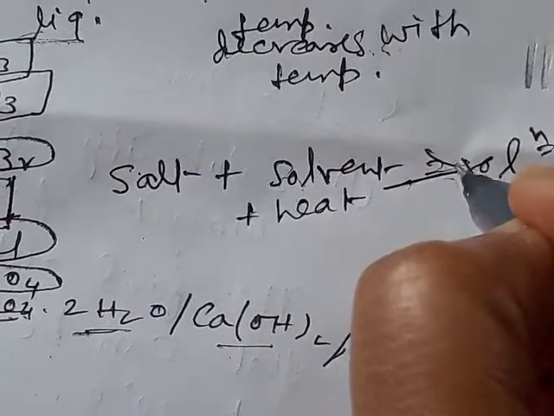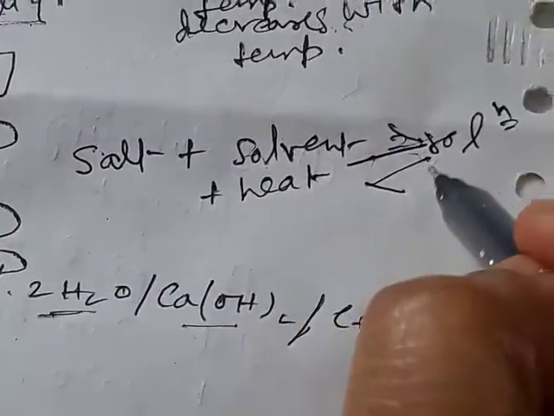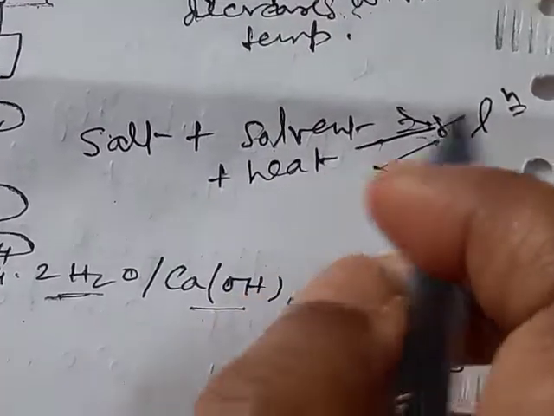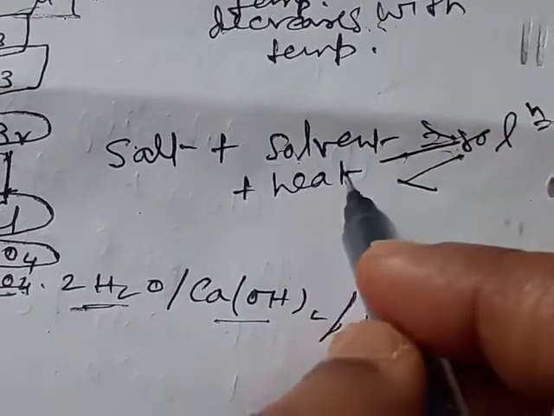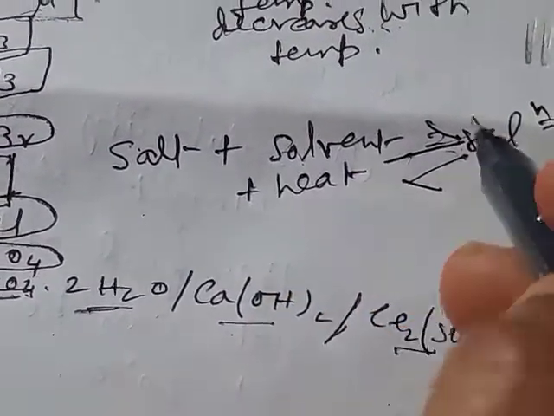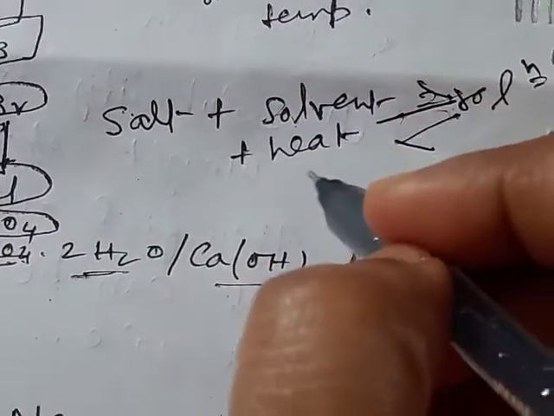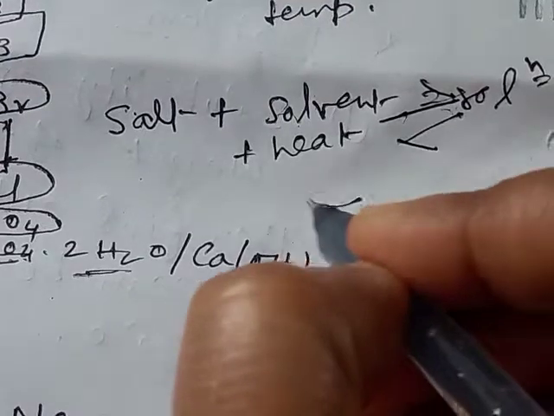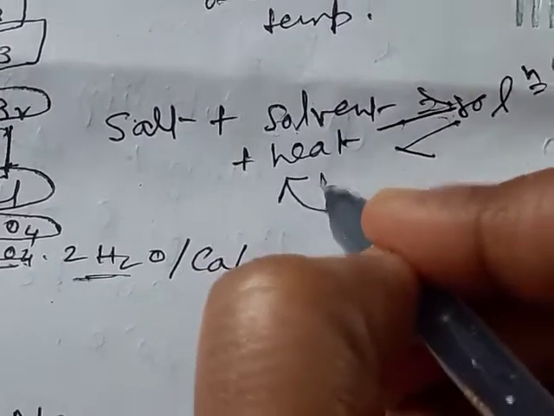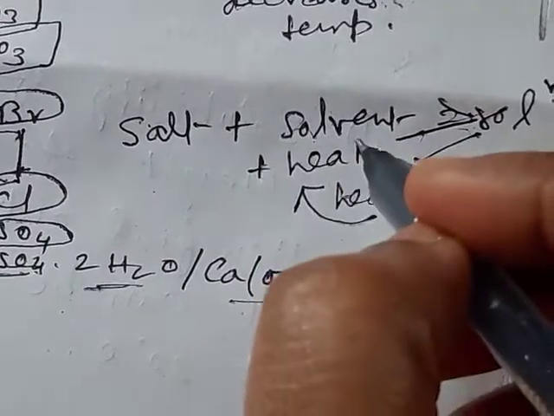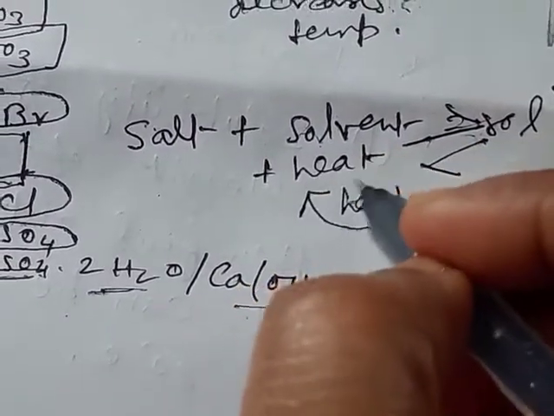This reaction is a reversible reaction, solubility. So heat is absorbed, and this reaction is called an endothermic reaction, and for any endothermic reaction if we supply heat, then the heat we supply acts as one of the reactants.